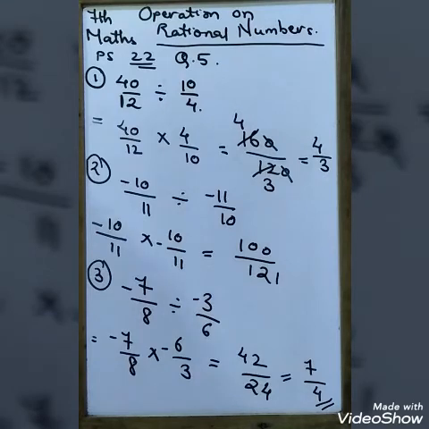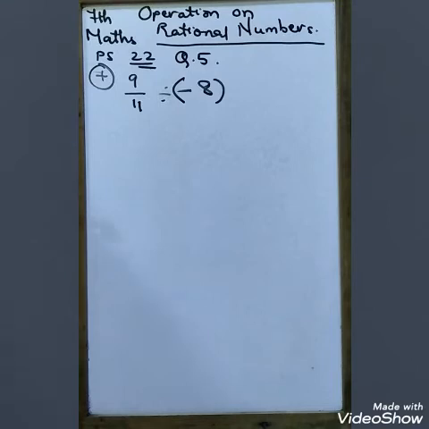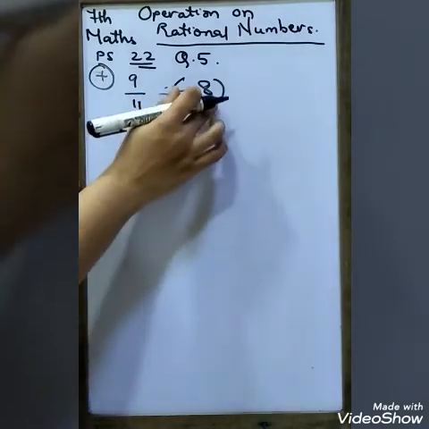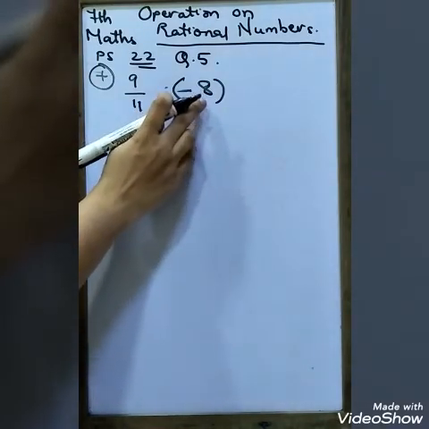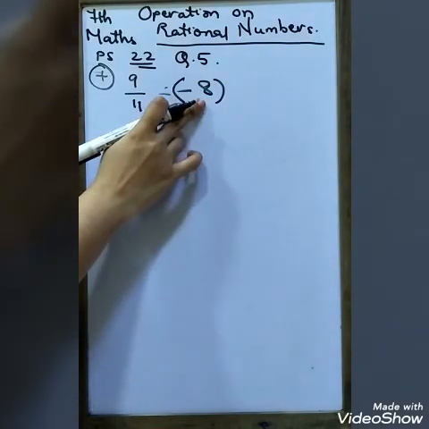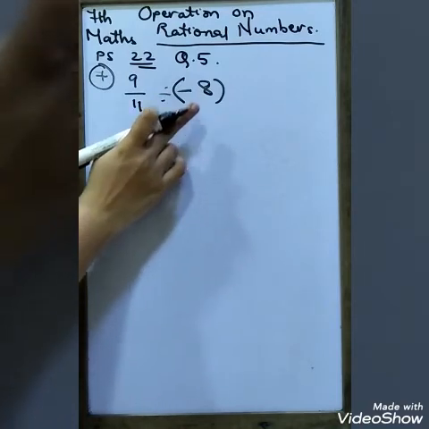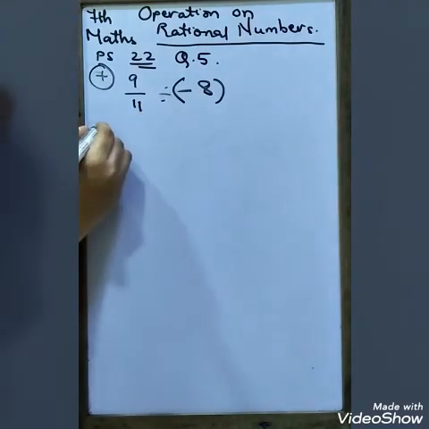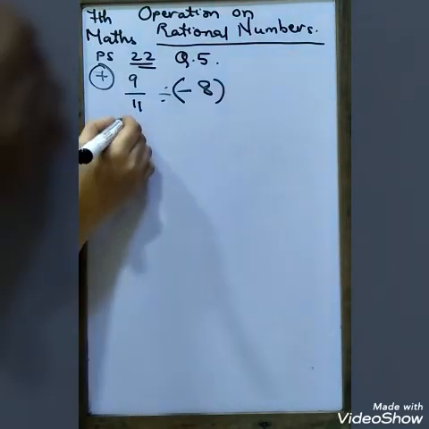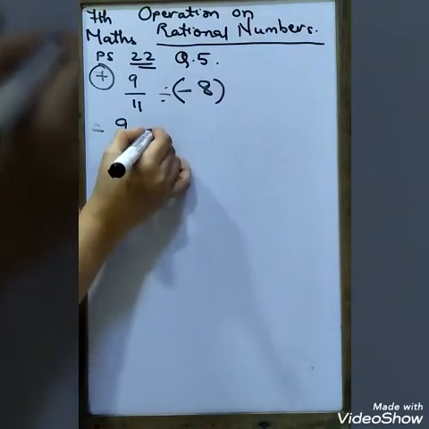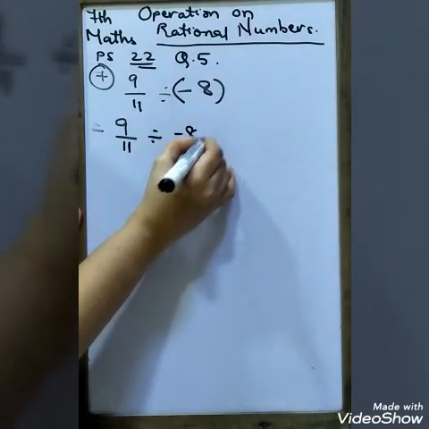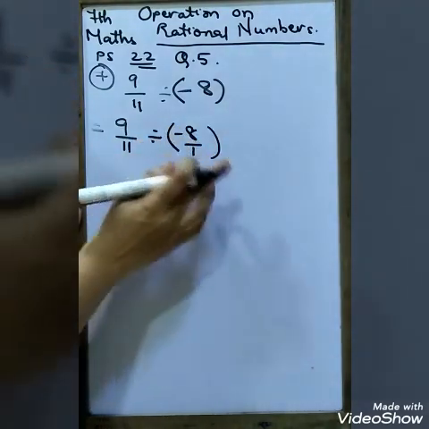Similarly, question number 4 and 5 you are supposed to do on your own. Now the question number 7 we are going to solve here. It is 9/11 divided by -8. Here in the question -8 does not have any denominator, so we can take it as 1. So we write 9 upon 11 divided by minus 8 upon 1, so that we can understand it.